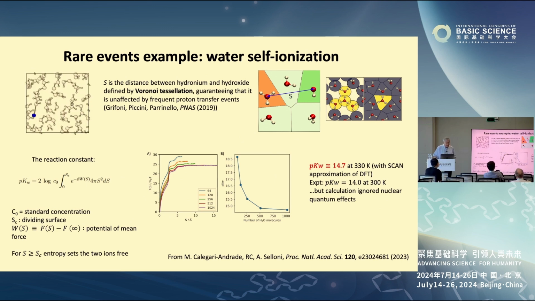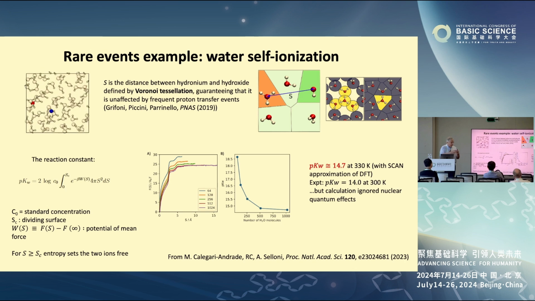And that is particularly difficult because what we can think of to generate this process is to bring one proton from one molecule to another molecule nearby and generate a pair of water ions, so hydronium and hydroxide ions, because the proton doesn't go freely inside the liquid.